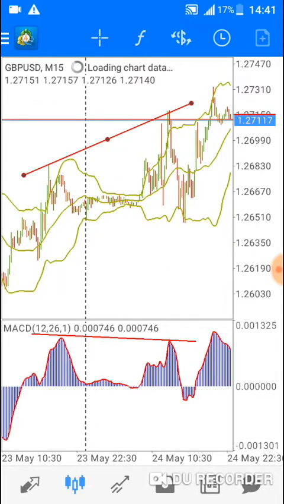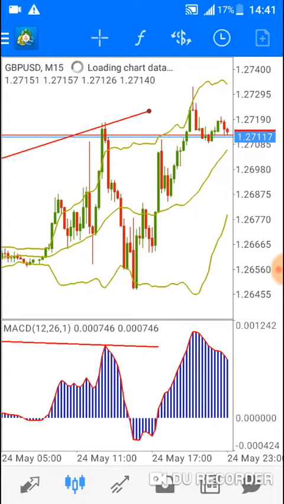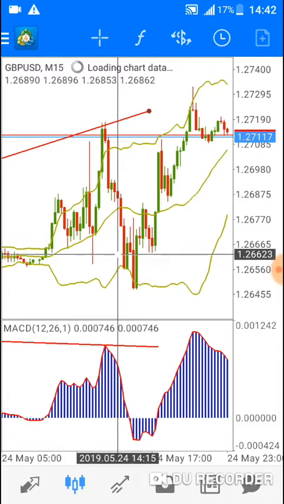So this is the setup. As you can see, it made 20 pips. Then if your TP is not hit, how do we get out of this trade? There are 3 ways: 1, by TP, 2, by stop loss, and 3, by closing it manually.